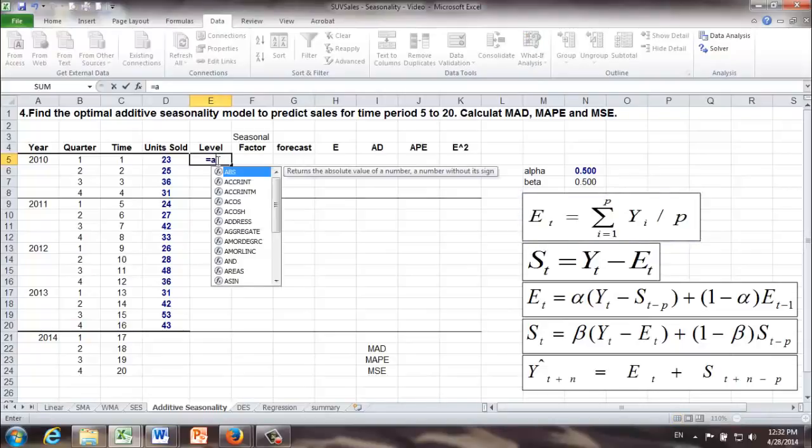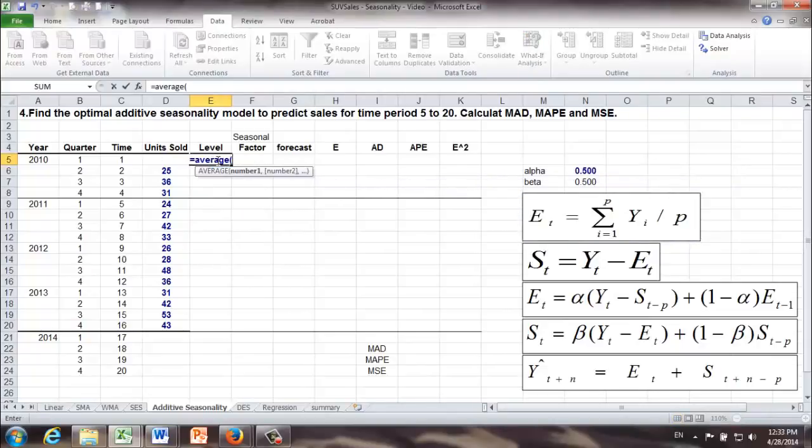The first level will be equal to the average sales of the first year, or of the first 4 quarters. And we're going to use this level for time periods 2, 3, and 4 as well.